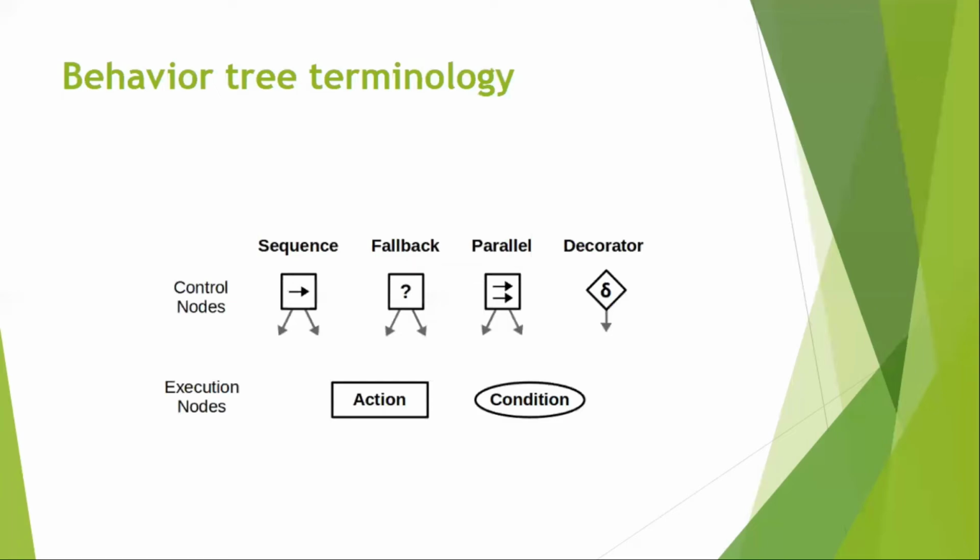When a BT is ticked, usually at some specific rate, its child nodes recursively tick based on how the tree is constructed. Execution nodes, which are the leaves of the BT, can be either action or condition nodes. The only difference is that condition nodes can only return success or failure within a single tick.